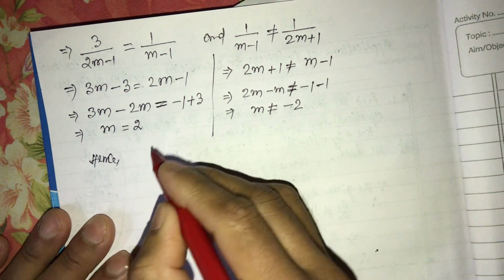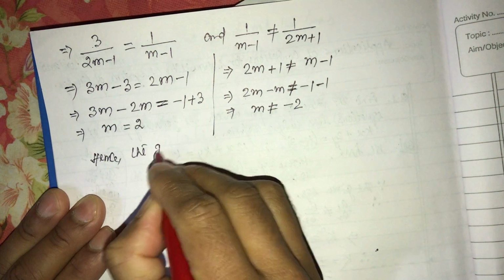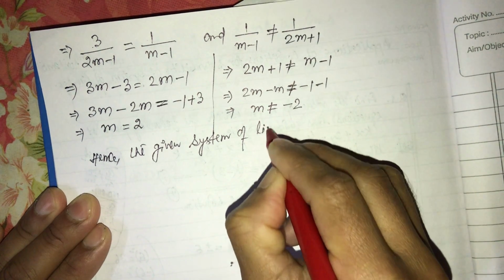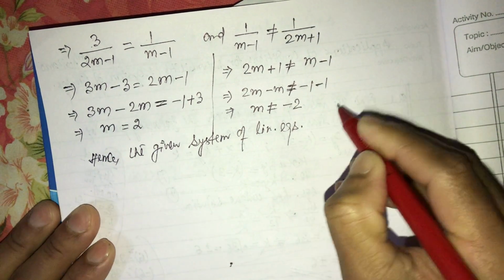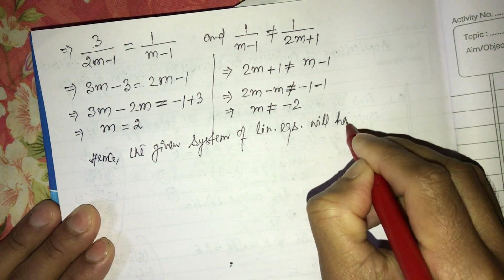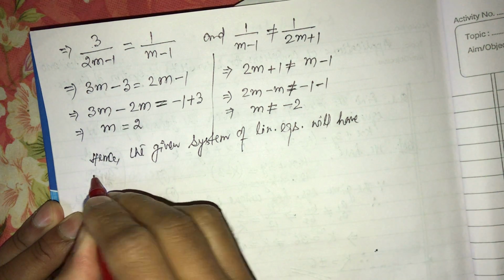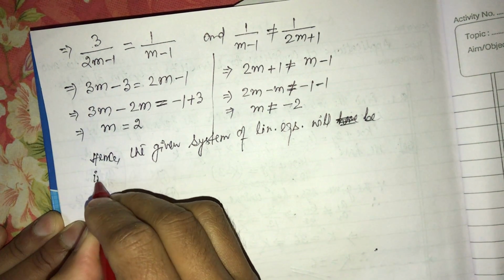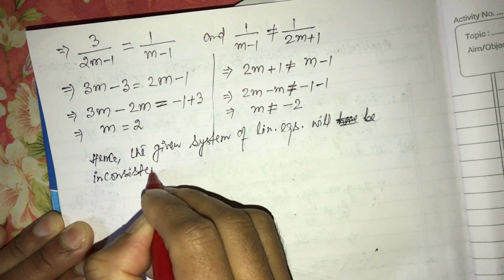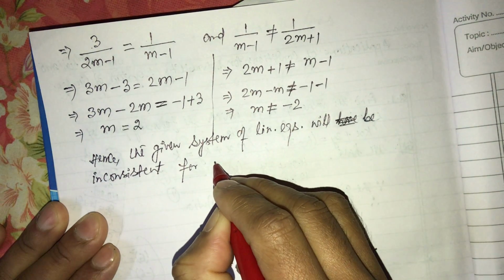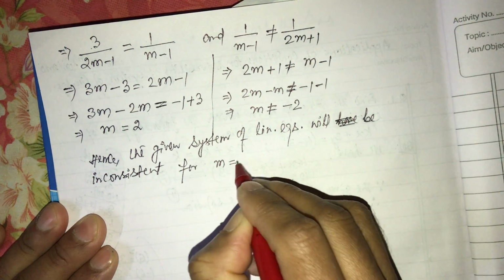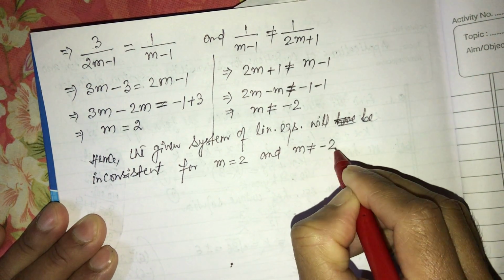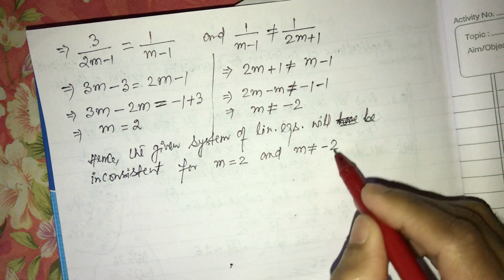So we'll write, hence the given system of linear equations will be inconsistent for m equal to 2 and m not equal to minus 2.